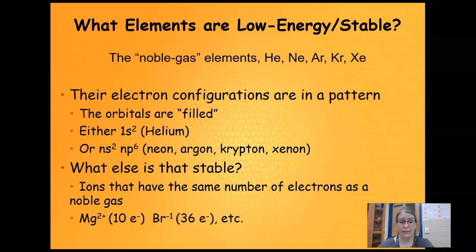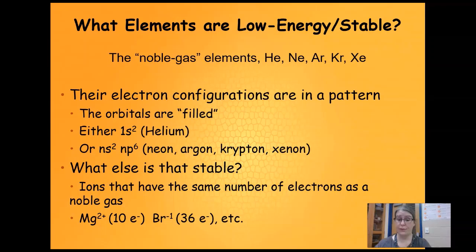So that would be lots of different things. We could use cations, or positive ions, like magnesium. The magnesium atom has 12 electrons. The low energy stable magnesium ion has lost 2 to get to the same number of electrons as neon, 10. Since it's lost 2 electrons, it has 2 extra positive charges, and it's a 2+ cation.